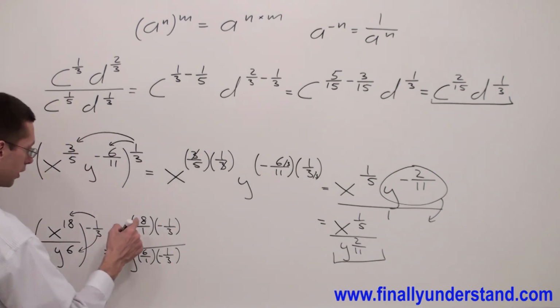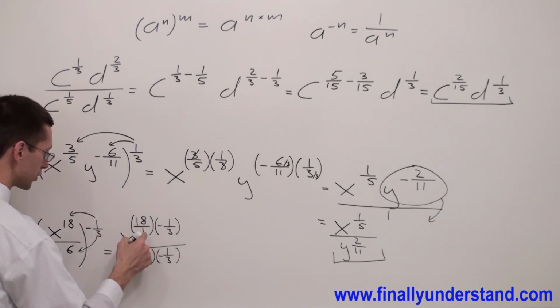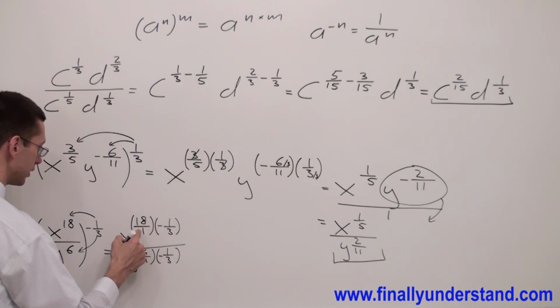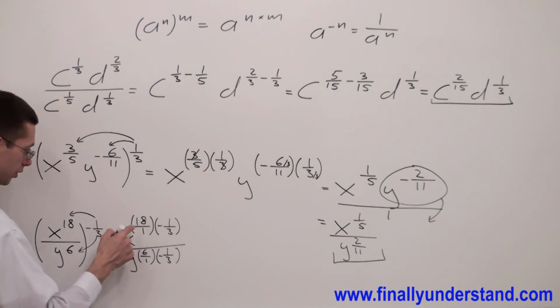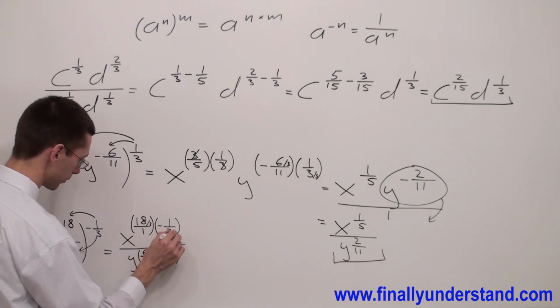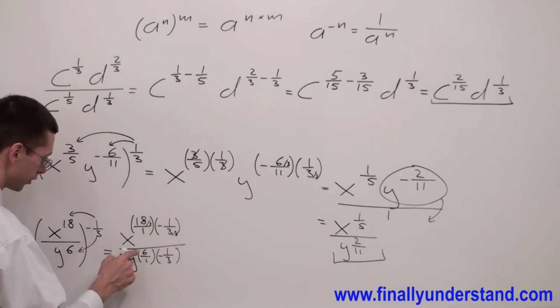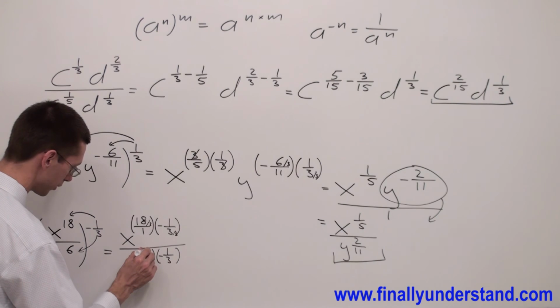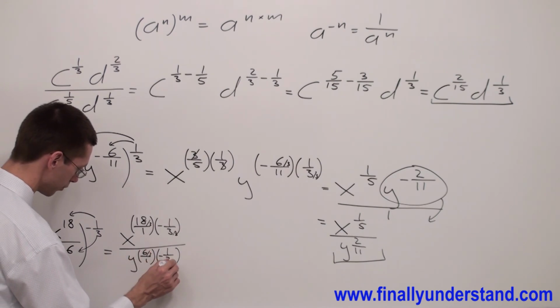Anytime you multiply fractions, try to reduce any denominator with any numerator. 18 and 3, both of them are divisible by 3. And I have 6 and 3, both of them are divisible by 3.